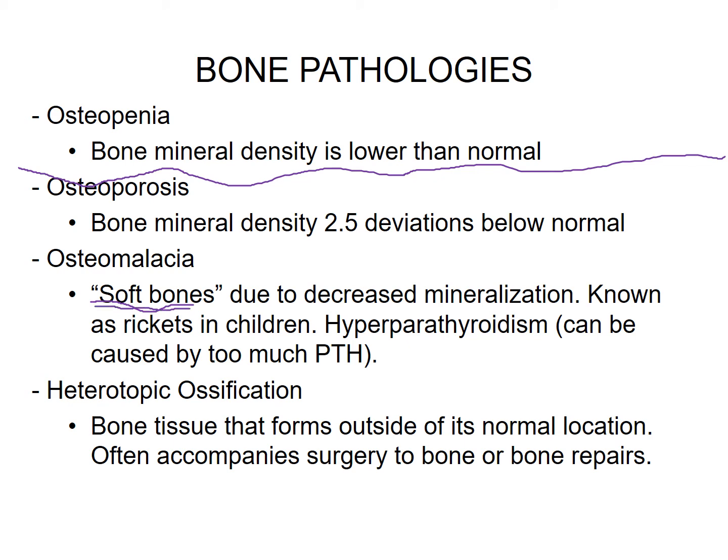So what happens is your calcium and your vitamin D levels are very depleted, very low, and both of those lead to very, very weak bones. Now, this situation, osteomalacia, is the adult form of the disease. The children's form of the disease is called rickets.